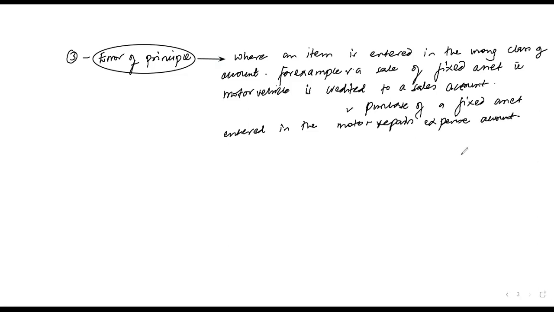Still here we are entering in a wrong class of account. So the trial balance will still balance as long as the double entry is completed well, debit with a corresponding credit. But remember, it's a wrong class of account. So that is error of principle.